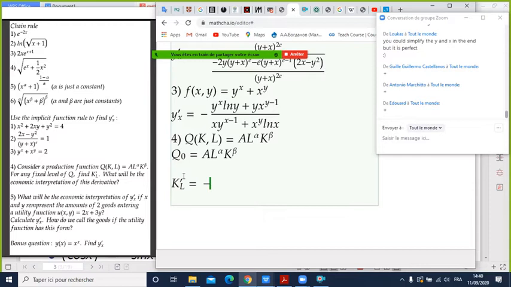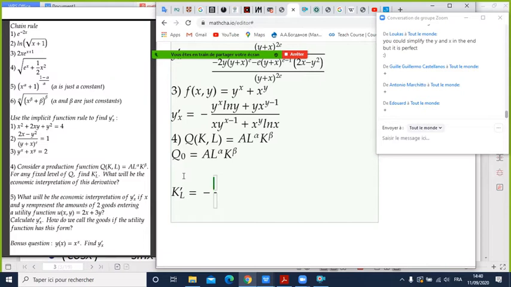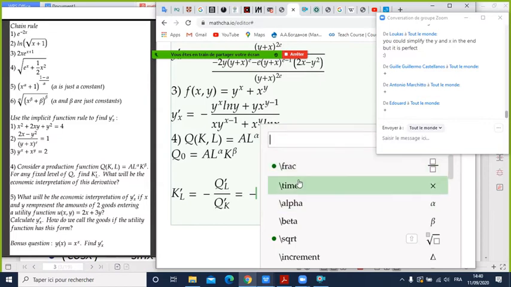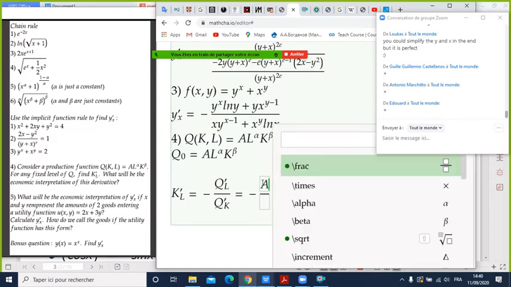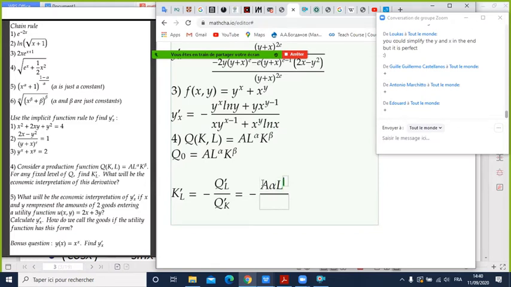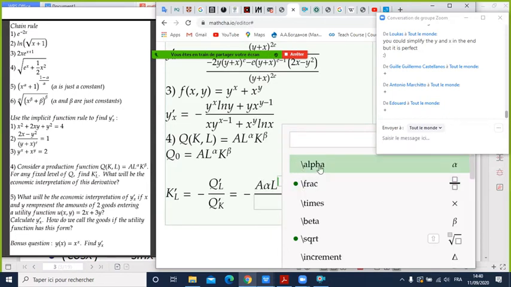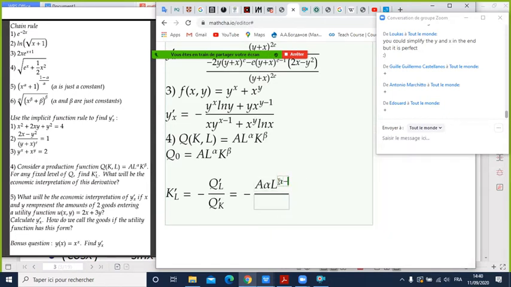So how do we find it? Well, it's going to be a negative fraction: the derivative of this thing with respect to L, so Q prime L over Q prime K. The derivative of the Q function with respect to L will be a alpha L to the power alpha minus 1, because I'm just considering K as a constant.